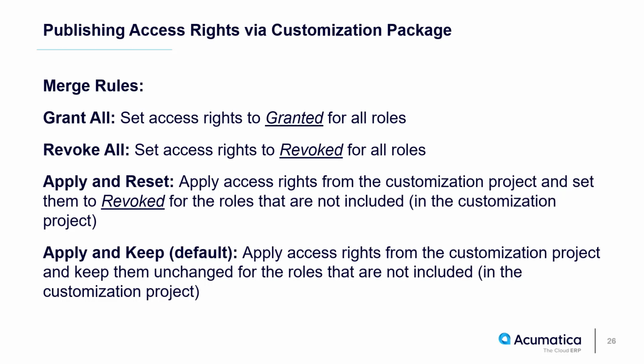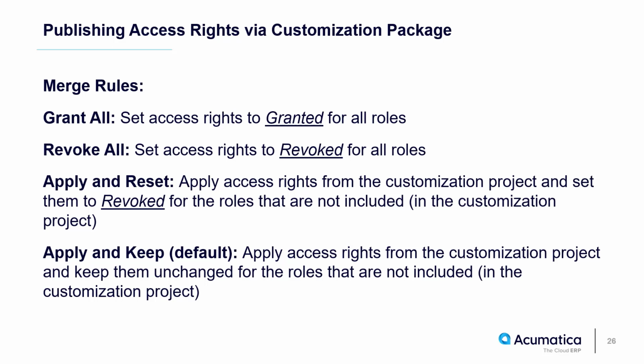Whenever you publish a customization package with access rights, it may do several things, and those things are defined by what you set as the merge rule in the customization package. There are 4 available merge rules.